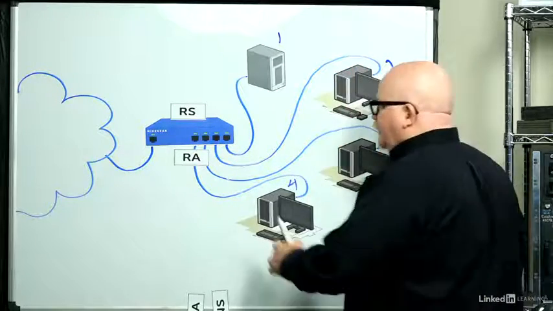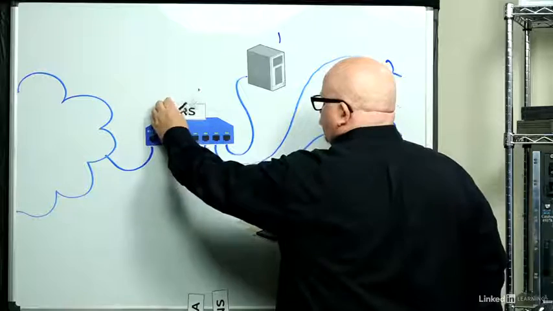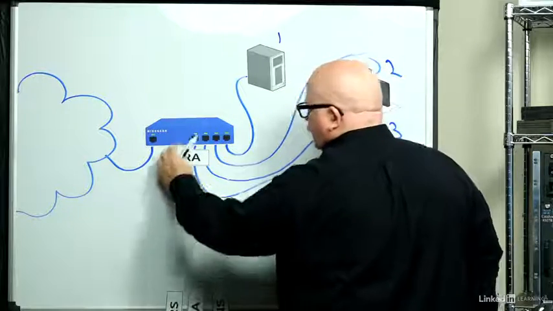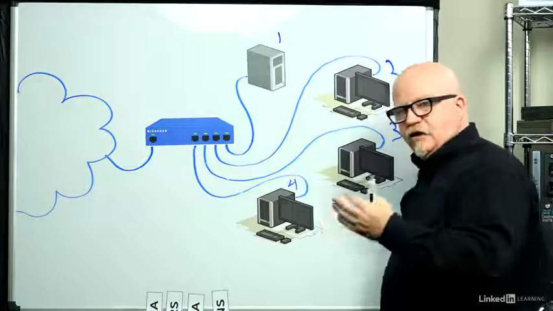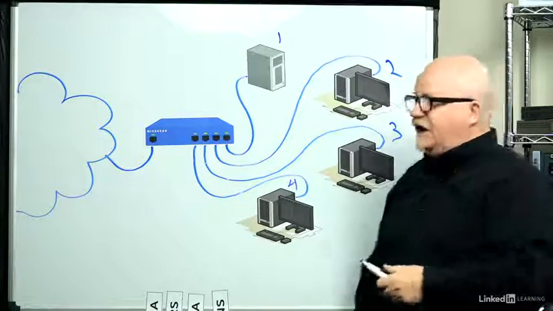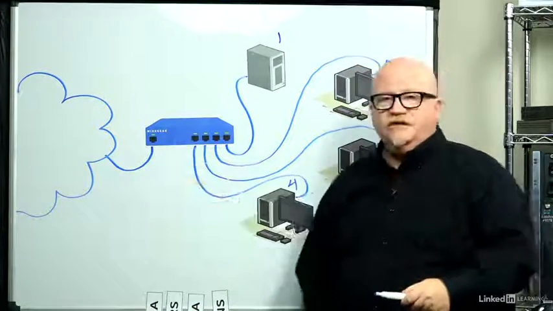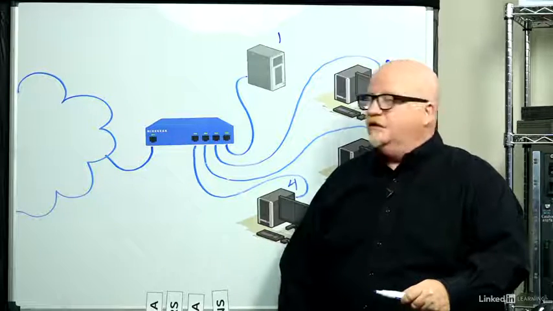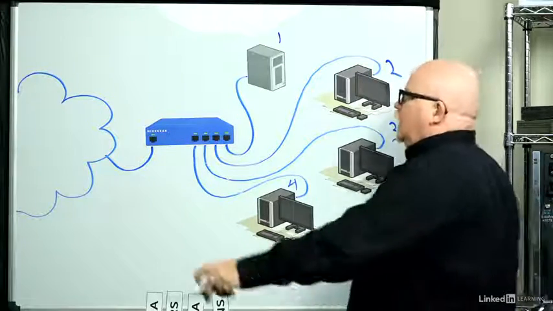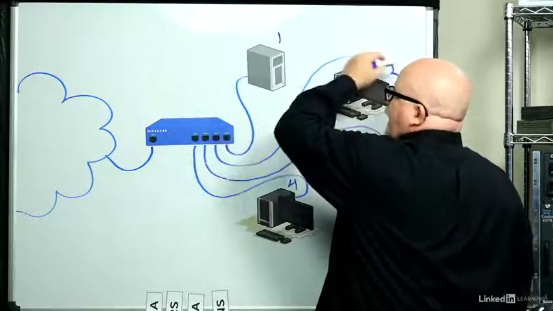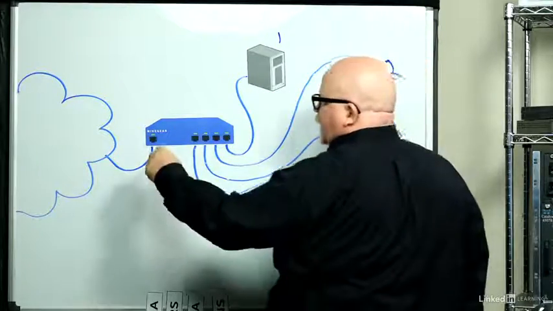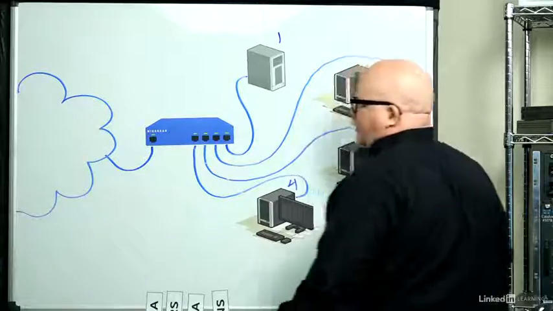Okay, so that's a perfect world where we use router advertisements and router solicitations using stateless auto-configuration, and everything's set up. Now there's a few things we have to do in these routers to make this happen. For example, keep in mind, we're going to have a network ID in here, and then obviously upstream there's going to be a network ID.